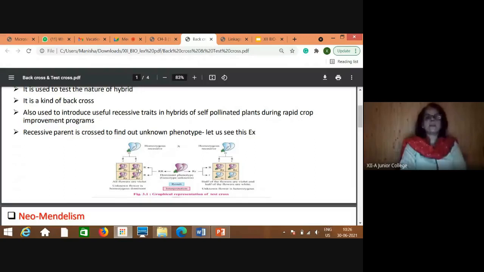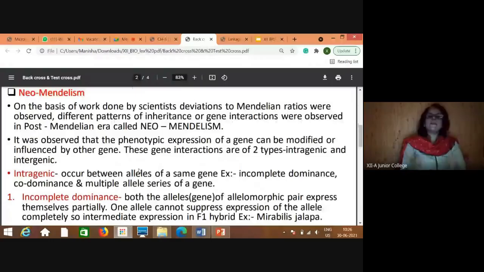Now the next part is considered to be neo-Mendelism. That means Mendel first performed all his experiments. He proved some important laws, first law, second law, third law, and explained them. But along with that, considering Mendel's experiments, a few more scientists performed their experiments using different experimental subjects, maybe plants or animals.